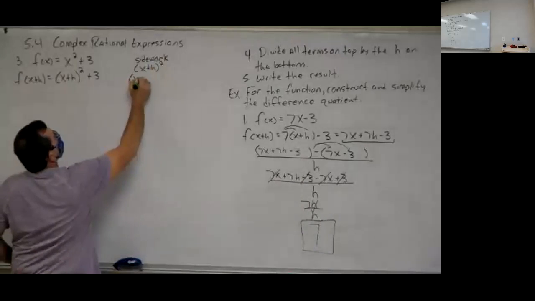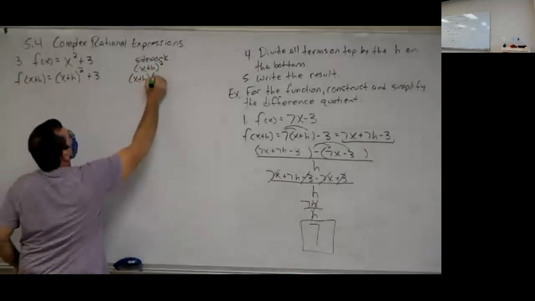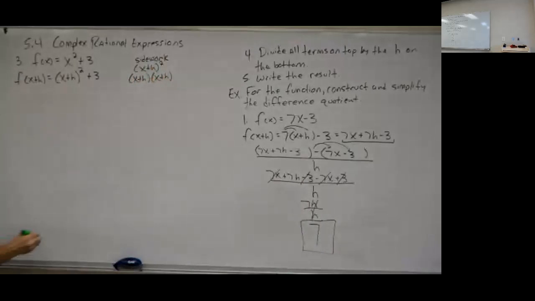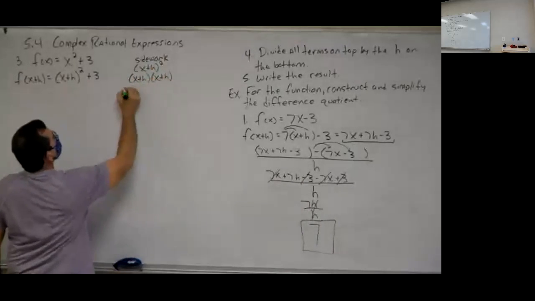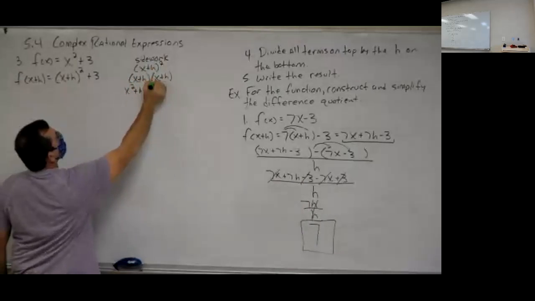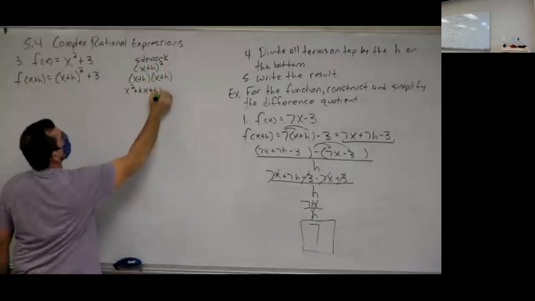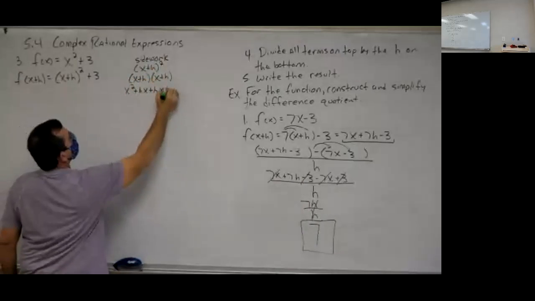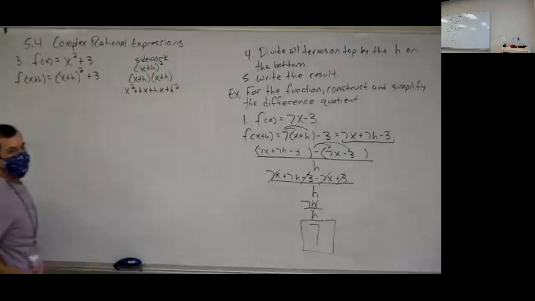So you would write this twice, and then you would FOIL that. So x times x is x squared, x times h is a hx, h times x in the middle is another hx, and then the h times h is a h squared.